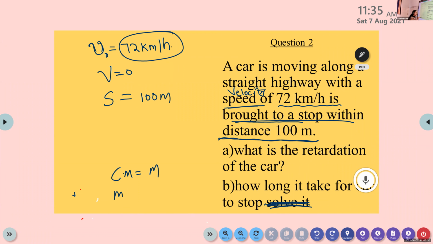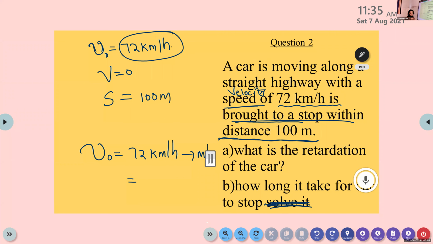If it is given in millimeter, you must convert it into meter, because it is the standard unit of length. Similarly, here the initial velocity v zero is 72 kilometer per hour, so you must convert this kilometer per hour into meter per second. How can we convert this? 1 kilometer is equal to how many meters?